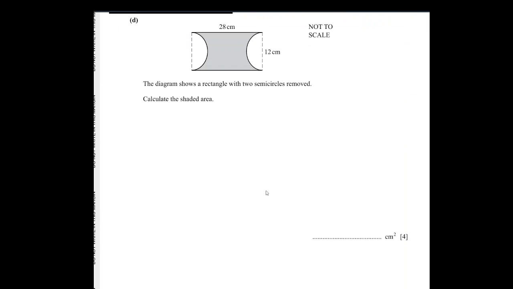Now D. The diagram shows a rectangle with 2 semicircles removed. Calculate the shaded area. Okay, we have 2 semicircles removed from the rectangle and we need to find the area of the shaded part. So area of the shaded part is area of rectangle minus area of 2 semicircles.